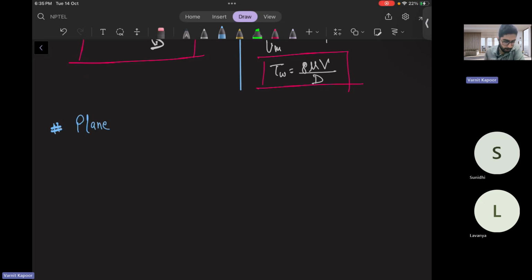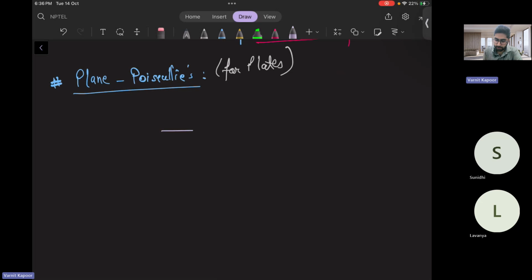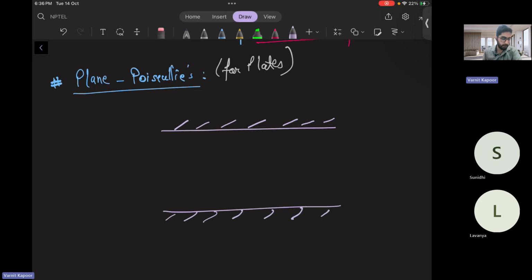What I mean by this is that I have two parallel plates like this, through which fluid is flowing with the free stream velocity, that is u infinity.